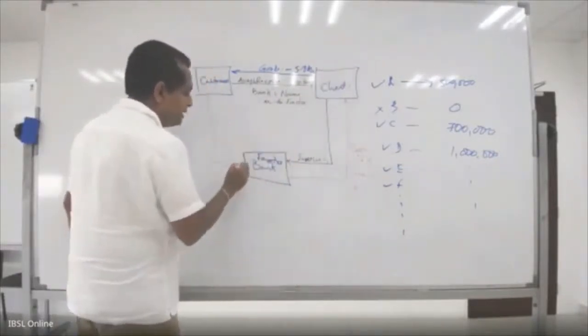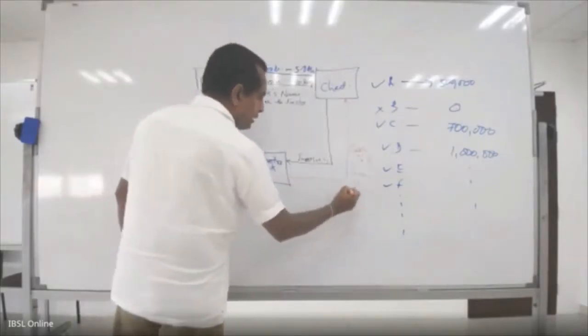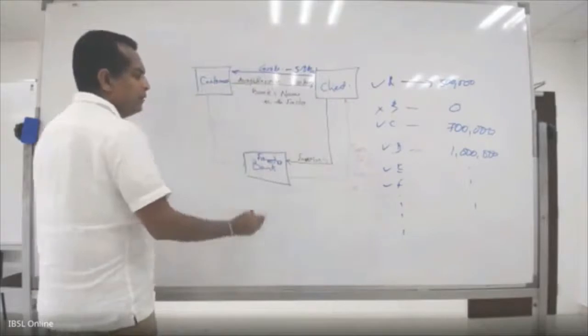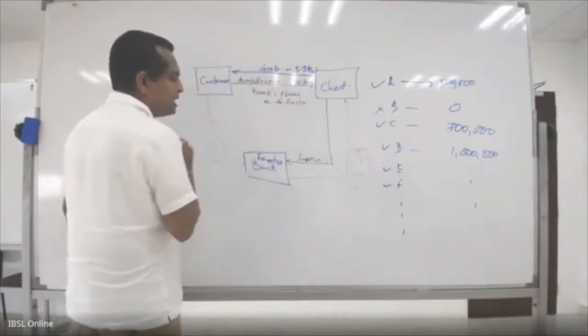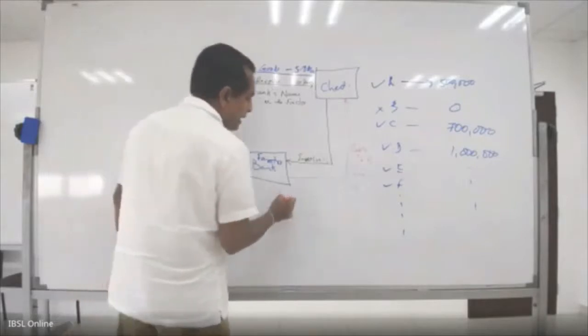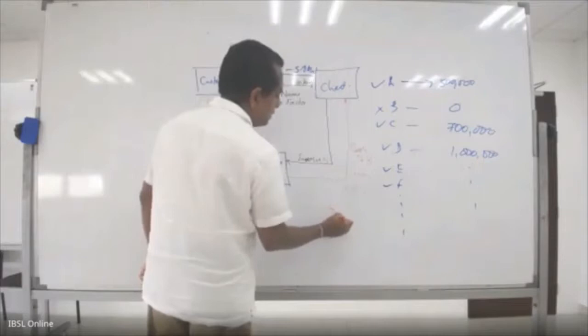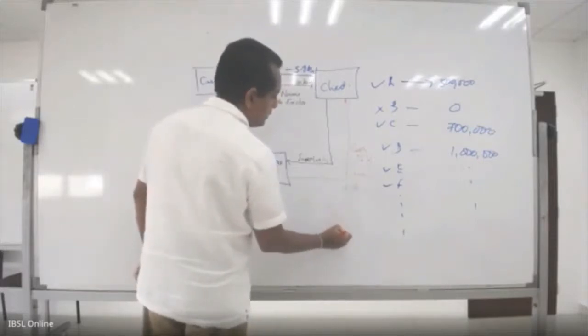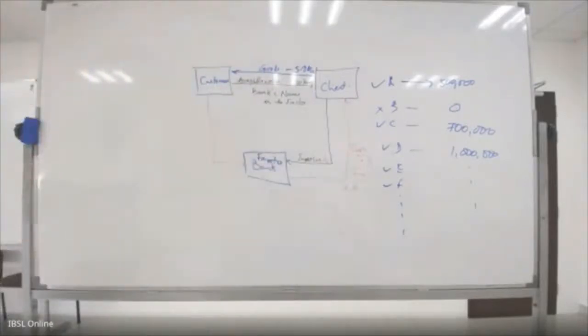Once the bank gets money, we will deduct this 4 million. We are left with 1 million. We will take out all the charges he needs to pay and we will return the balance. This is the process of factoring.